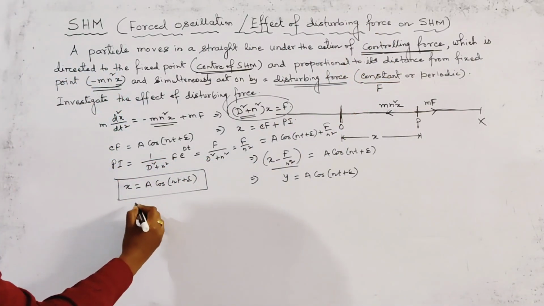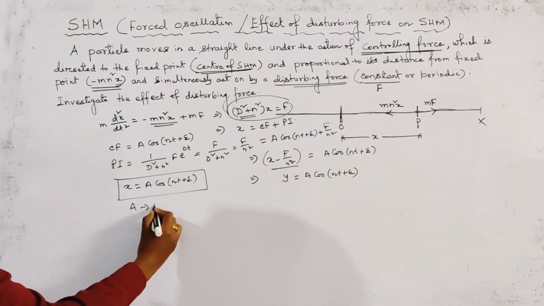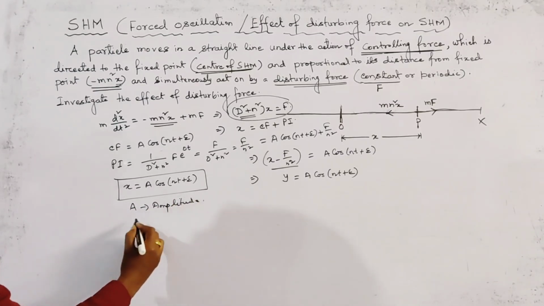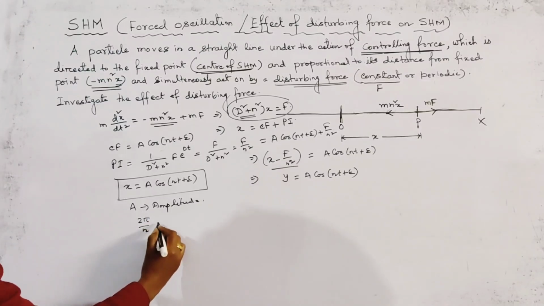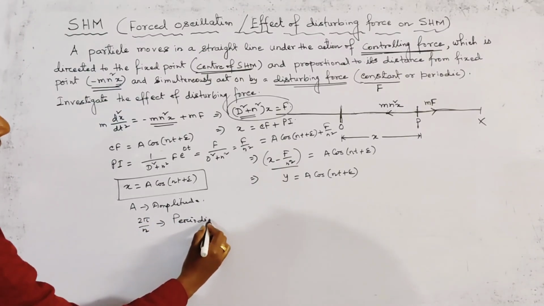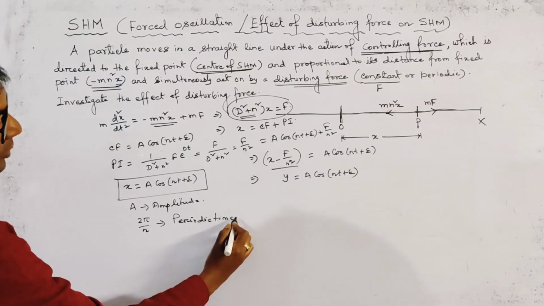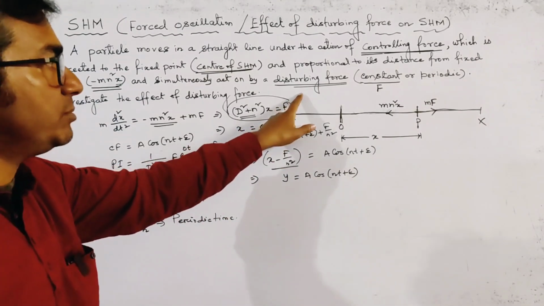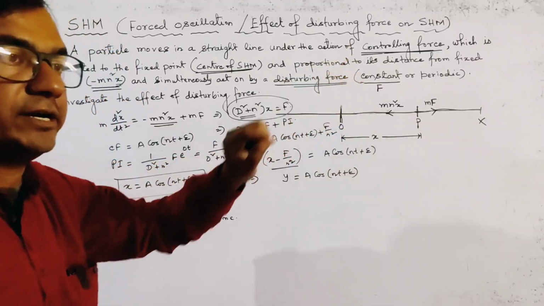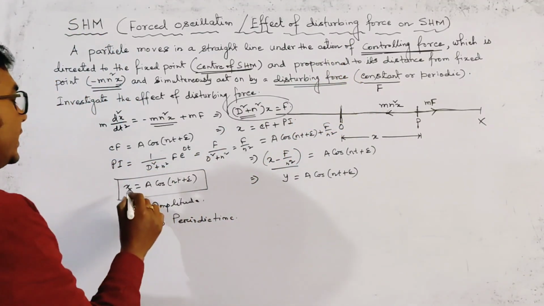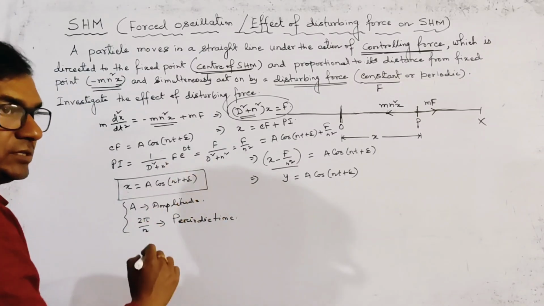Here A is the amplitude and 2 pi by n is the periodic time. So these two are unchanged by applying a disturbing force which is constant. Only one change here: x changes to y.